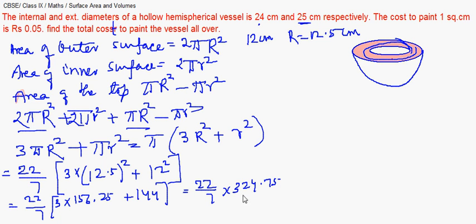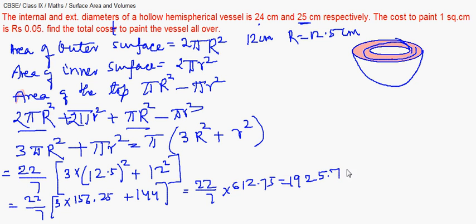Because then this will change, because 3 into 156.25 plus 144 is giving 612.75. That has to be multiplied with a pi, and it will then give me 1925.79.